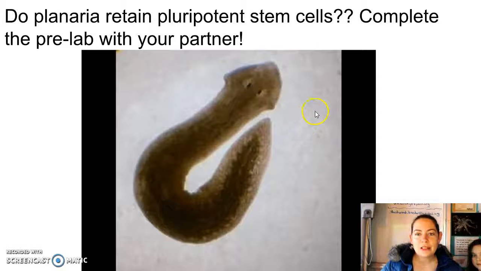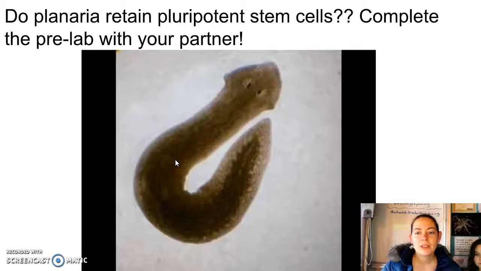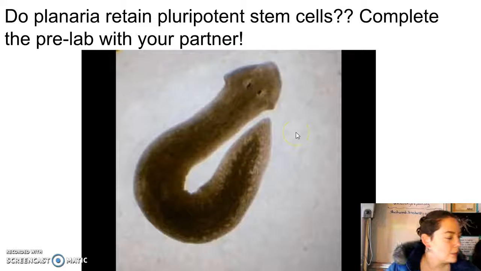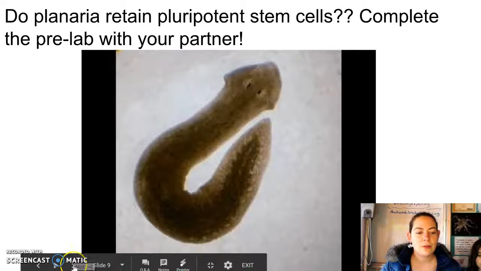And the real champions of regeneration are these worms called planarians, and they can pretty much regenerate any part of their body, which is really cool. So we're going to do a lab with them. There is a pre-lab that you're going to need to go through, but let me give you an overview.